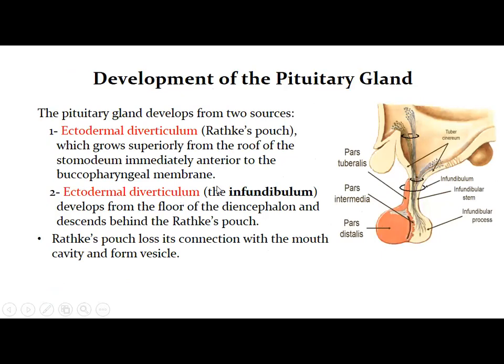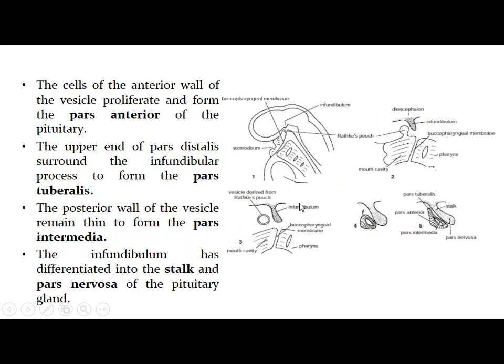Similarly, the infundibulum coming from above develops from the floor of the diencephalon and descends behind Rathke's pouch. The diencephalon is a part of the brain. If you see here, this is the brain developing. A part of that brain gets down. This is called the infundibulum coming from the diencephalon, and it doesn't break its connection.